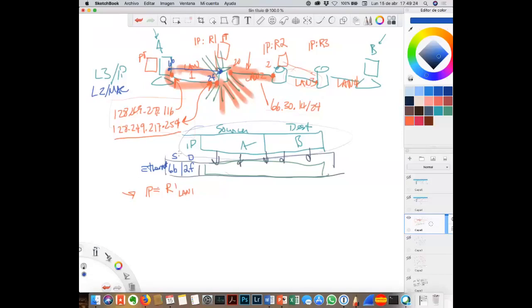So it will look in its routing table, and it will be given the IP address of this. What did I decide it was? I didn't give it one. 66.30.14.2. That is what we call the next hop. And that belongs to this guy right here.